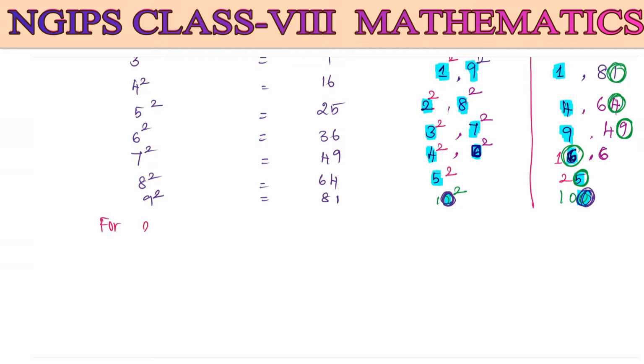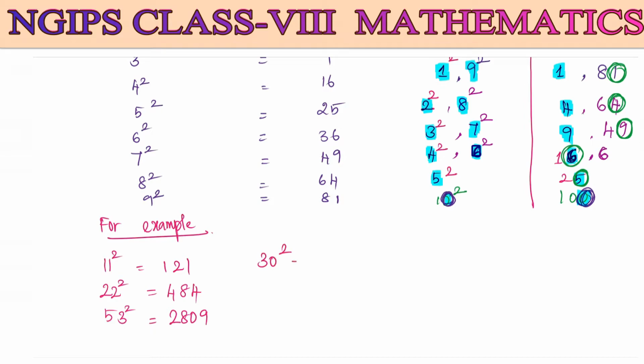For example, 11 square is equal to 121, 22 square is equal to 484, 53 square is equal to 2809, 30 square is equal to 900, 4 square is equal to 16, and 25 square is equal to 625.